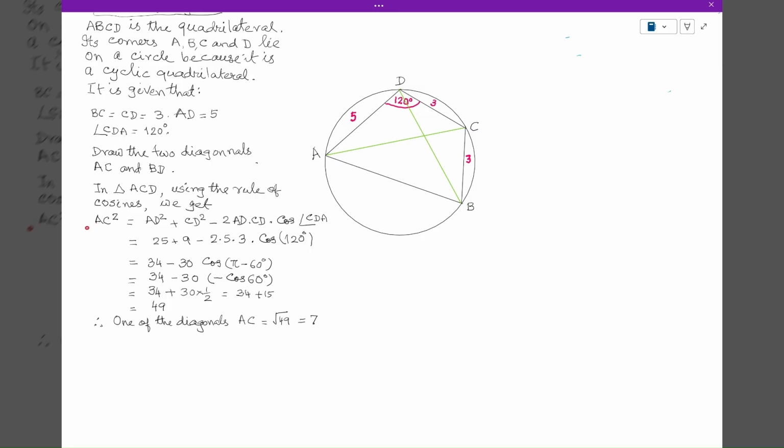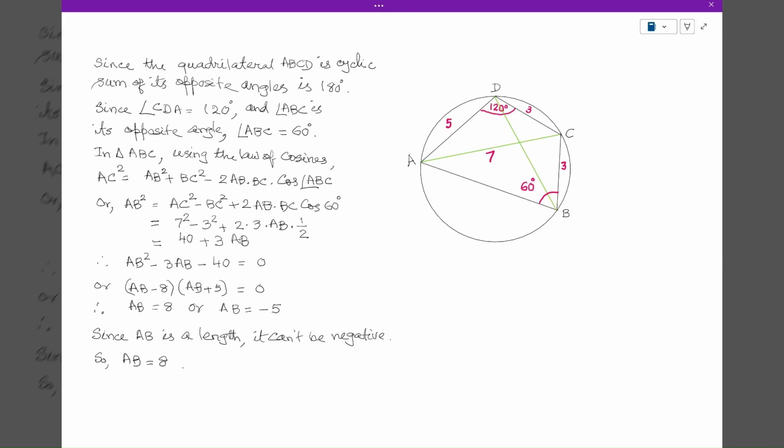So AC square is equal to 49. Therefore, one of the diagonals AC is equal to square root of 49, which is 7. Quadrilateral ABCD is cyclic, and the cyclic quadrilateral has a property that the sum of its opposite angles is 180 degrees.